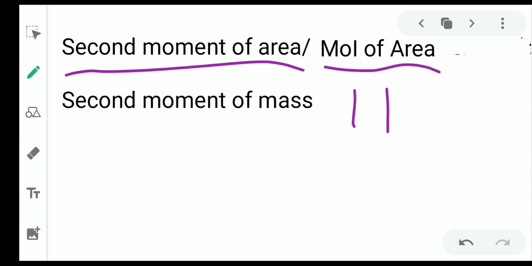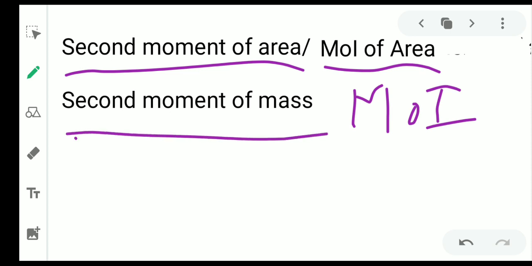I will shortly write moment of inertia as MOI in the video. In some parts I will be writing like this: MOI means moment of inertia. Similarly, when we take mass, it is known as the second moment of mass. But our whole topic is basically based on the second moment of area or moment of inertia of area.